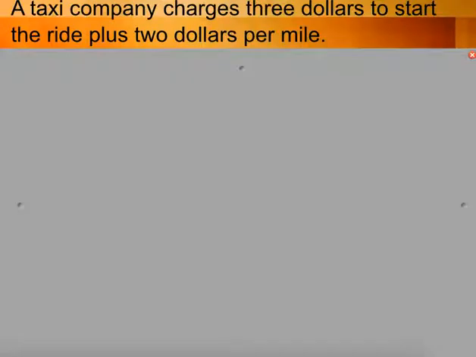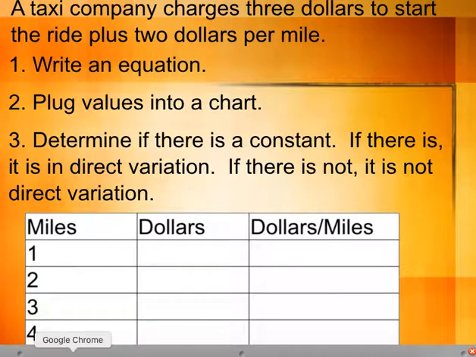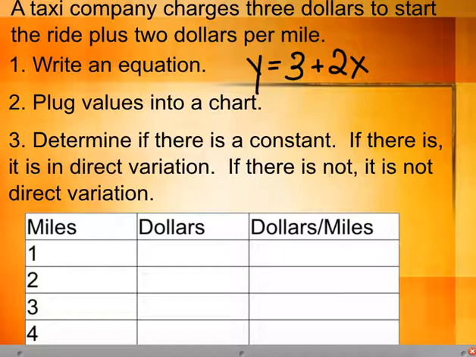So let's look at some of these individually one more time to make sure that we have this right. So first, write our equation. A taxi company charges $3 to start the ride plus $2 per mile. So we can say the total amount is the $3 to start the ride plus $2 for every mile. And we're going to plug some values into the chart for 1, 2, 3, and 4 miles.